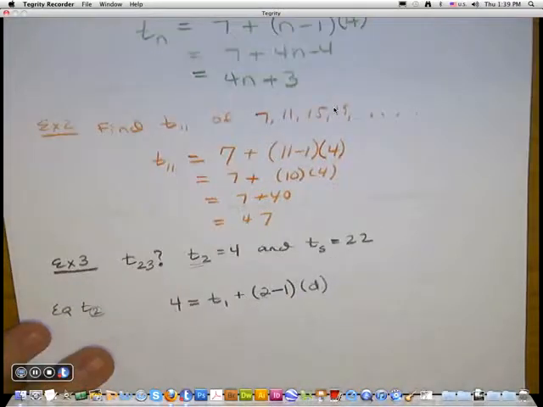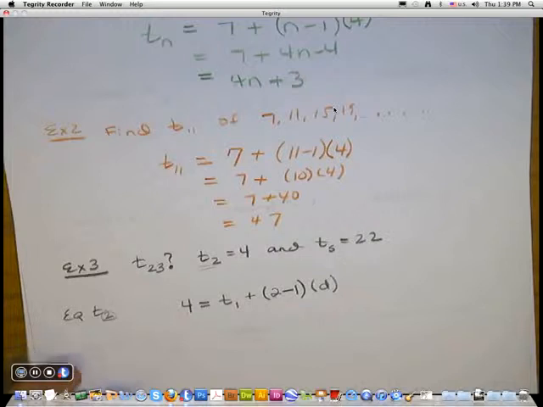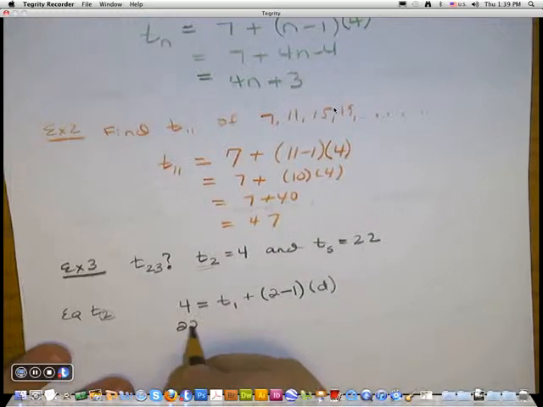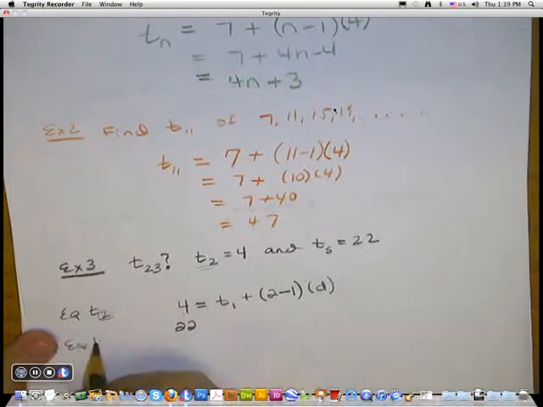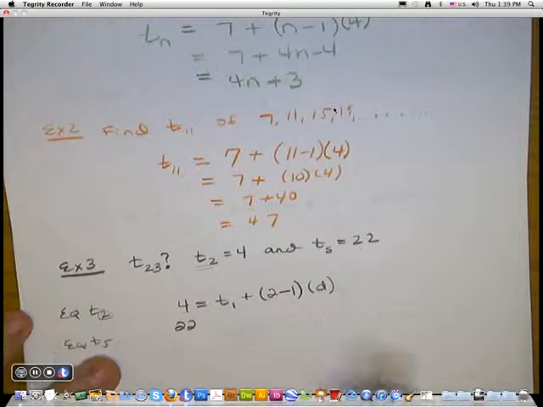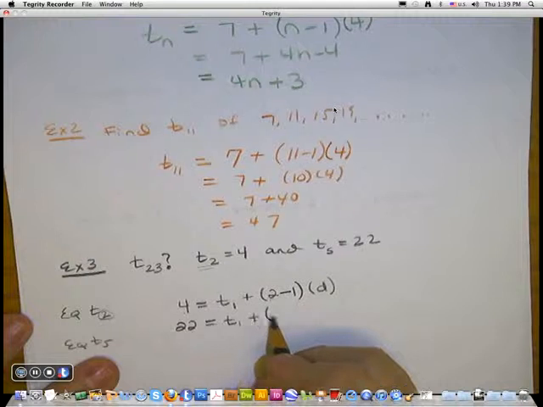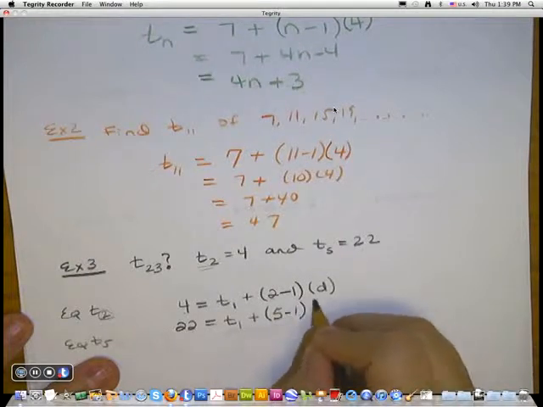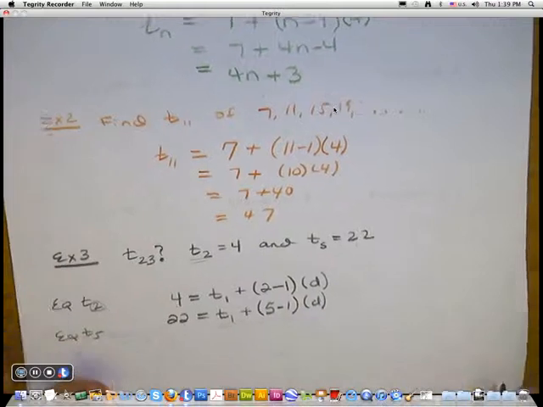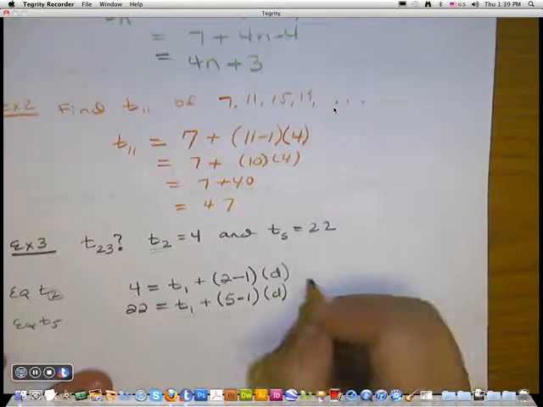We don't know how it goes. All right, we know the 5th term, so this is the equation for T5. We don't know the first term. We know it is the 5th term, so n, but we don't know the difference.